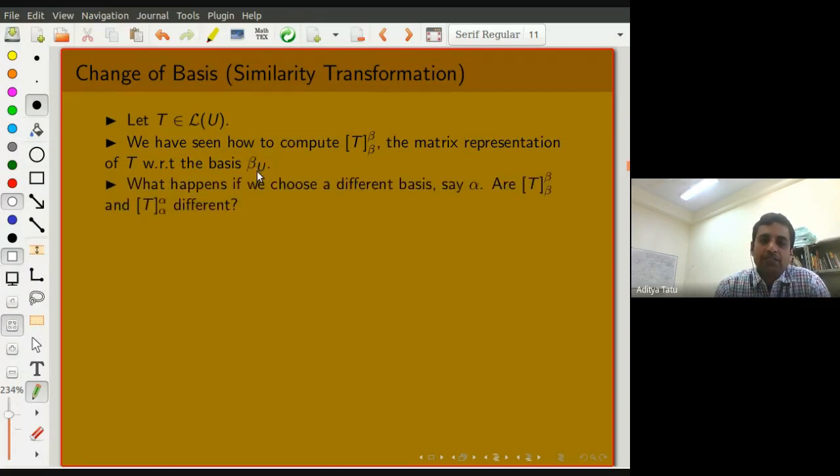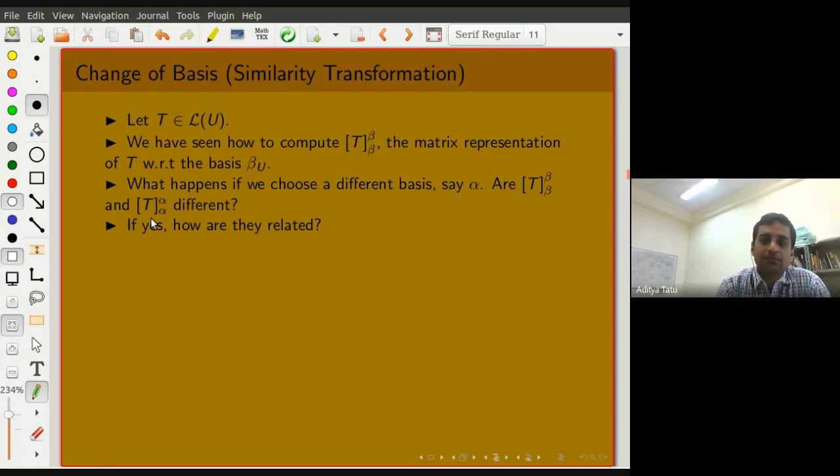Instead of beta, if I choose some different basis alpha, we have already seen that these two matrices can be different. That is already answered, but now we want to find out how these two matrices are interrelated.